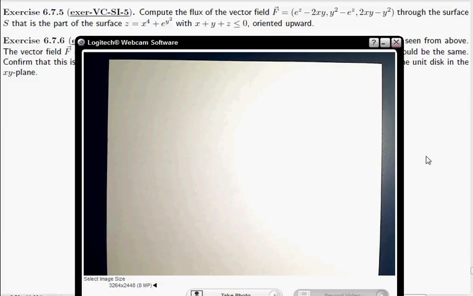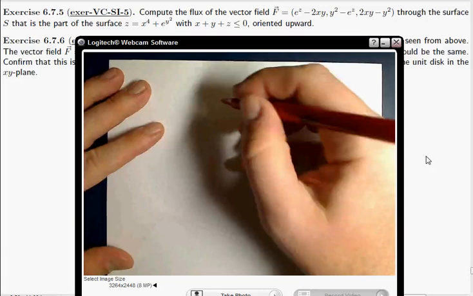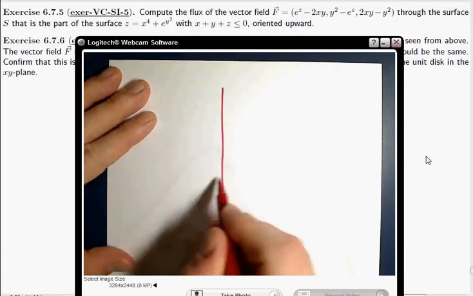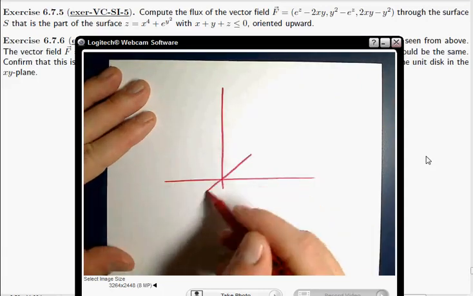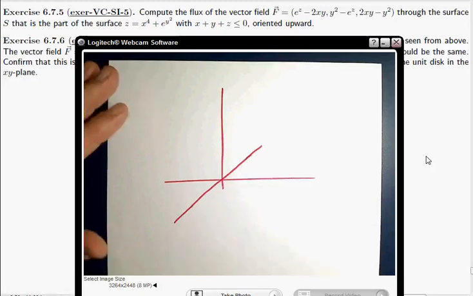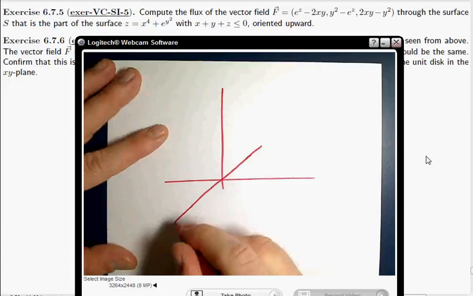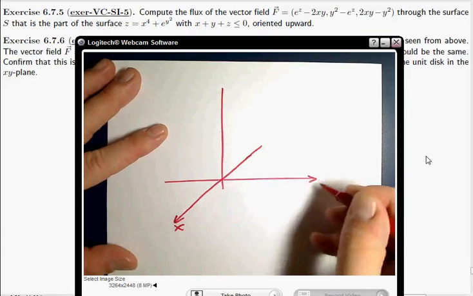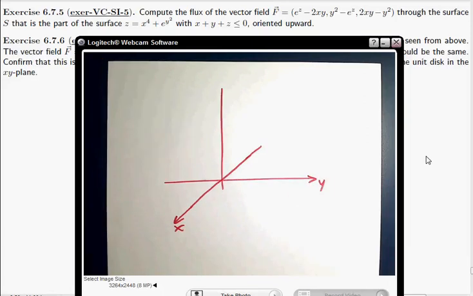Actually, wait a second, I'm a little concerned here. What does this look like? z is x to the fourth plus e to the y squared. If you think about how z depends on x and y separately, as it depends on x, it's x to the fourth, so it's curving up, sort of parabolic but more so in the x direction.